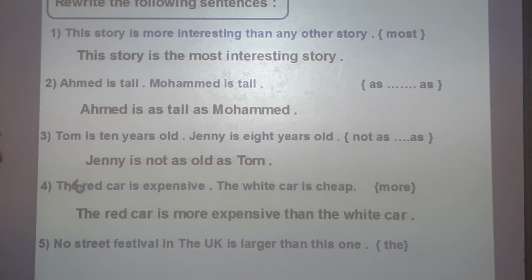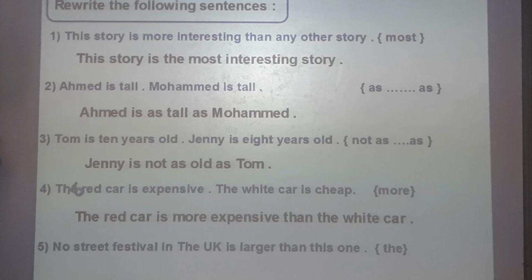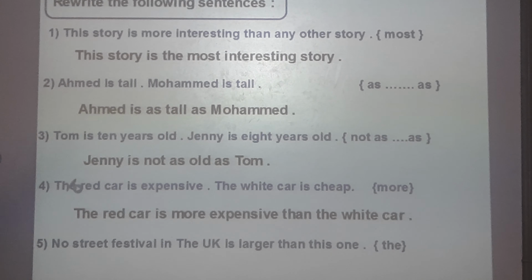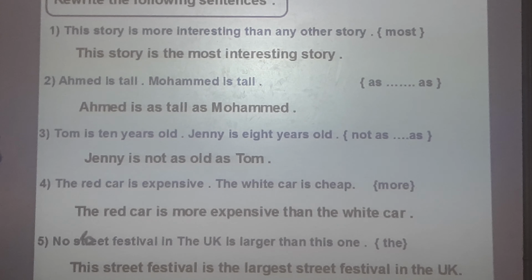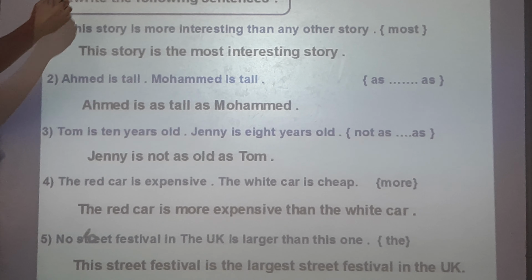Number five, no street festival in the UK is larger than this one, so use that. So this one is the largest festival in the UK. Yes, you are right. This street festival is the largest one in the UK.